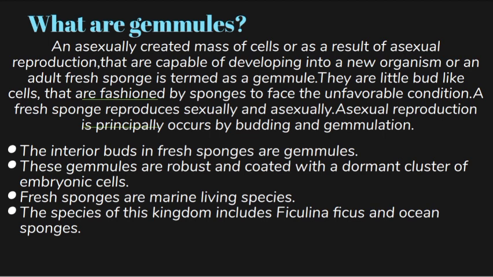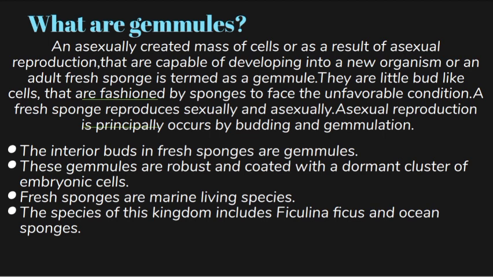Asexual reproduction occurs by budding and gemmulation. We are discussing the topic gemmulation, or the gemmules. As we said before, the gemmules are interior buds that can be seen in freshwater sponges.